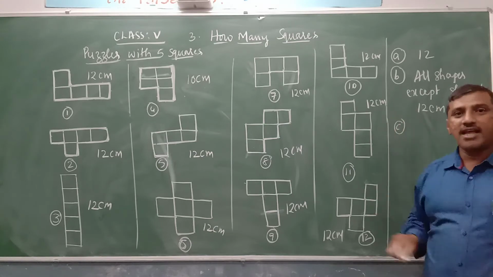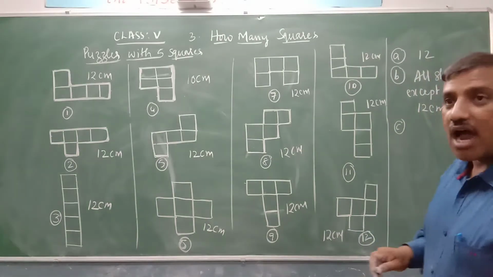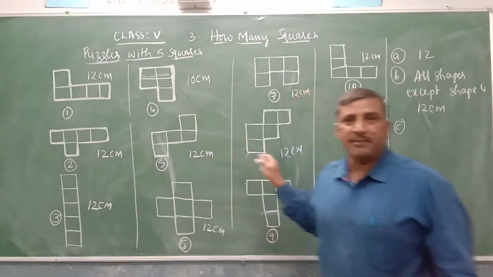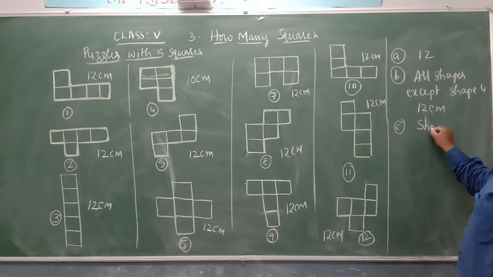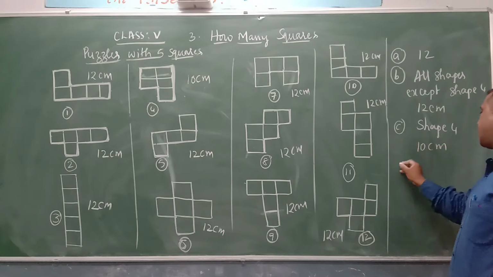Now question C. Which shape has the shortest perimeter and how much is it? Shape 4 has the shortest perimeter and it is 10 centimeters.